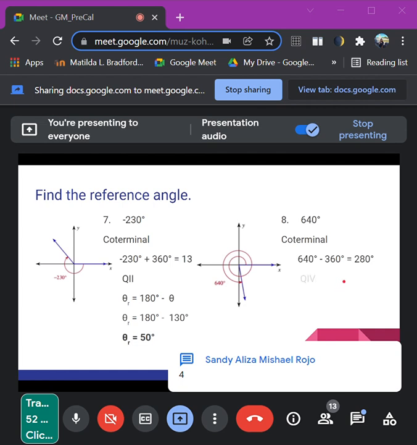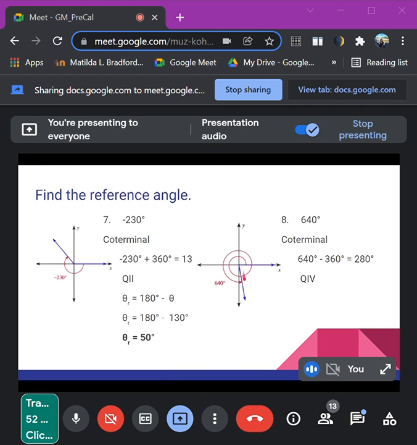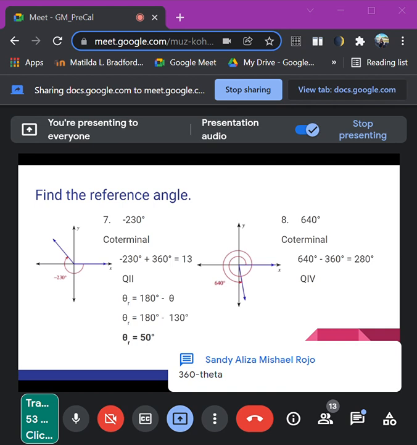Quadrant 4. Very good. Now, for quadrant 4, makita man nato siya class kay nasa quadrant 4 no sa picture. So, you have there, for quadrant 4, what's the formula? Okay, 360 minus theta.